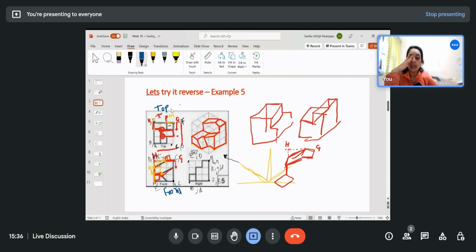There was no such thing that was visible only in the right hand side view. So we will use the right hand side view as a cross check whether our figure is correct or not.